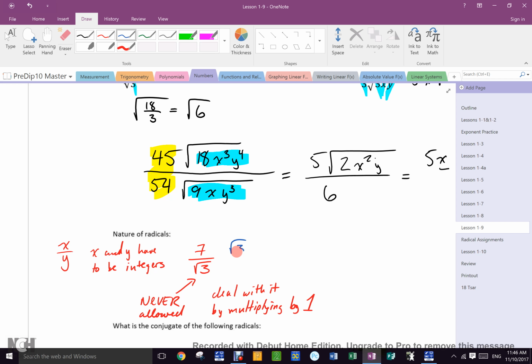Okay? Now, before I go on, I have to make sure you guys are aware of something. What happens when I take x minus 3 and I multiply it by x plus 3? What happens there?